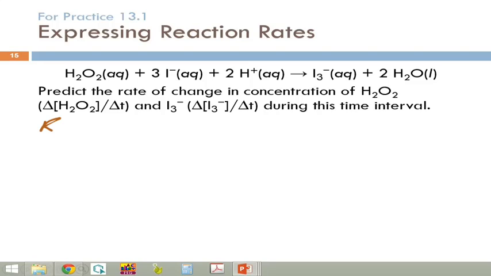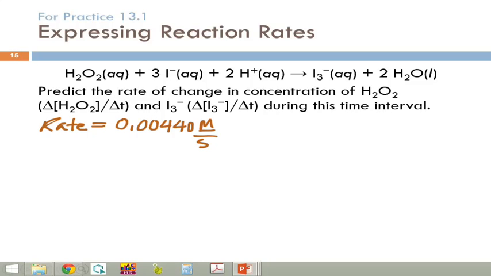So from the first part, from Part A, we learned that the rate was equal to 0.00440 molarity per second. Now they're asking for the change in H2O2. That's this part. Well, let's think about what we know.